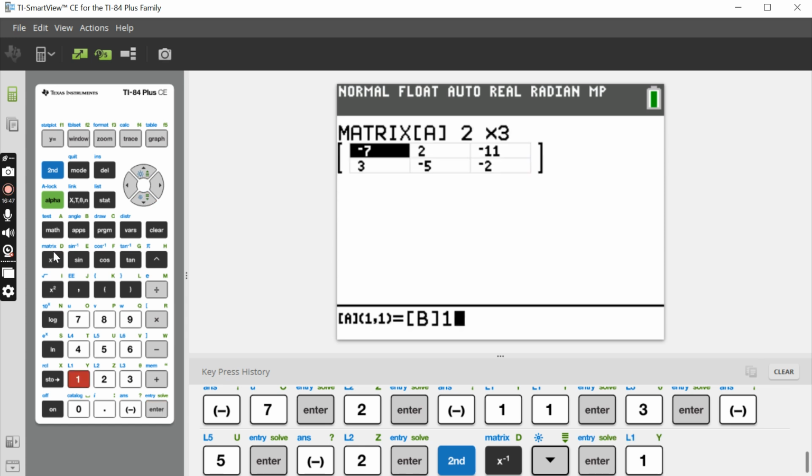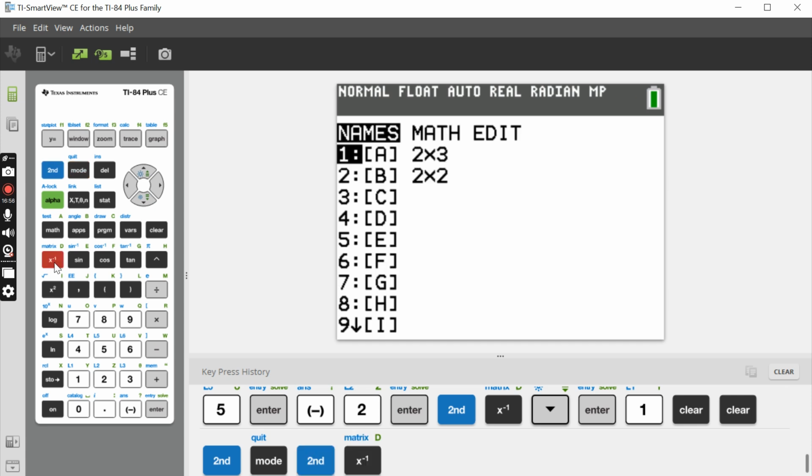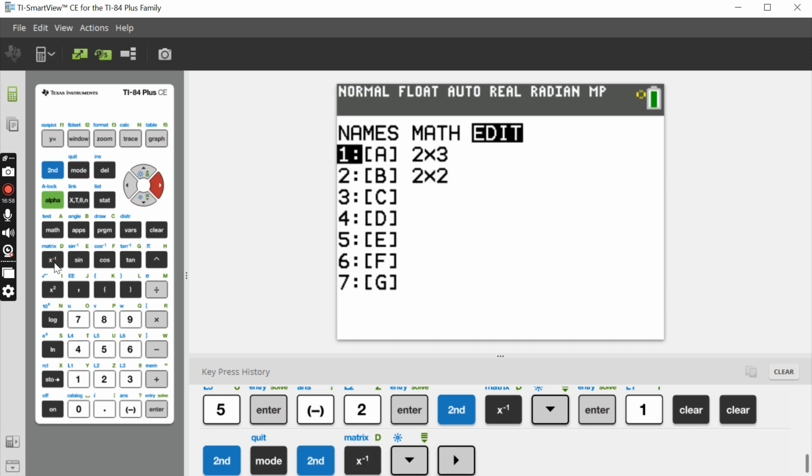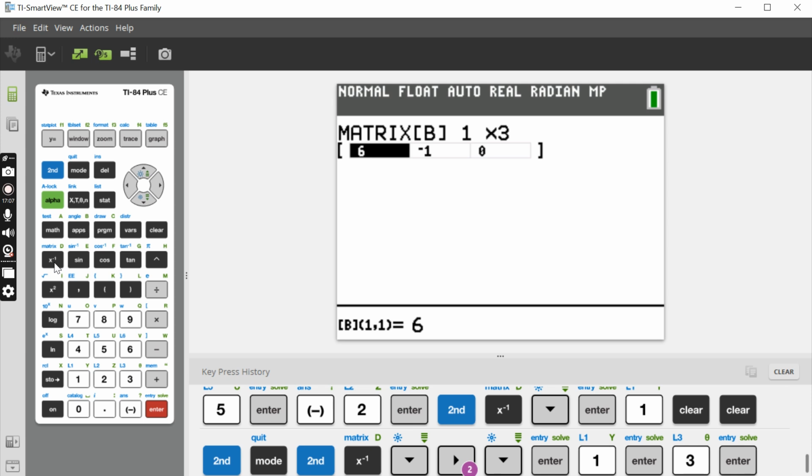Okay, and then I'm going to go back, second matrix, and I'm going to edit B. B this time is a 1, clear, sorry, second quit matrix. B, have to go over to edit and then to B. B this time is a 1 by 3. Oh my goodness, that is the second time I've done that.